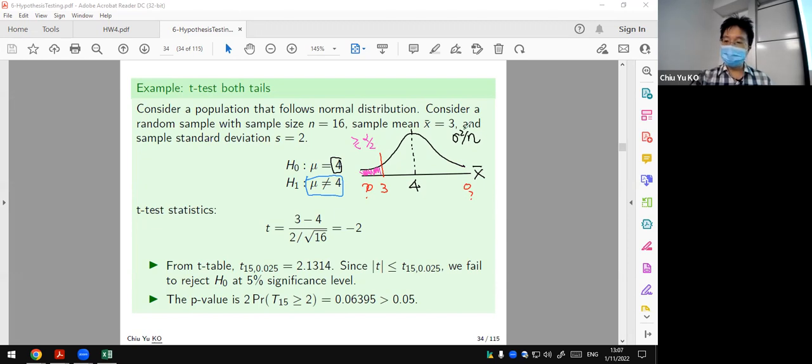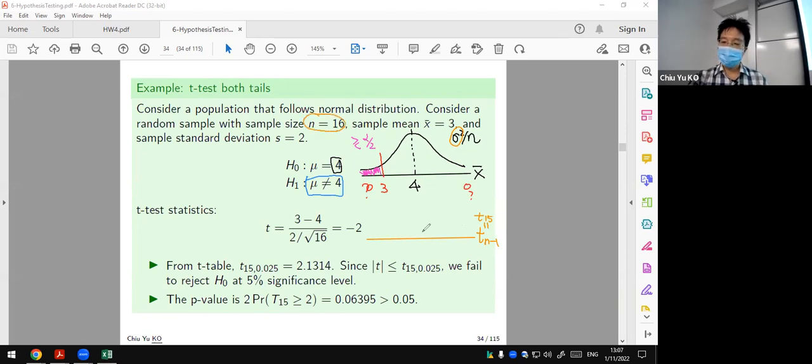The thing is, we don't know sigma squared, so what we are trying to do is convert this to the t distribution, t with n-1 degrees of freedom. In this case we have t15, because n is 16.